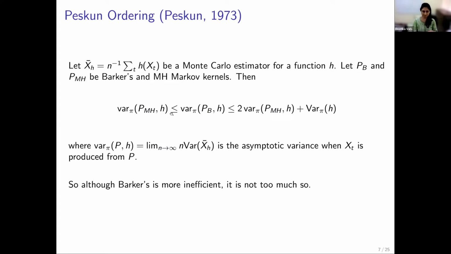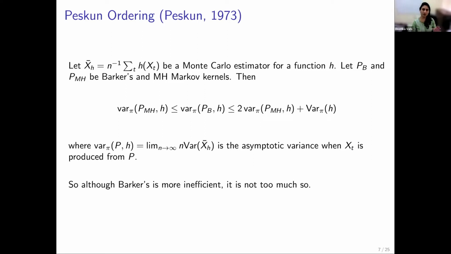But further, it was then shown that one at least good thing is that it's not like the Barker's implementation is arbitrarily bad. It can be bounded above by 2 times the variance of the MH kernel plus a little bit more variance coming from my target density.